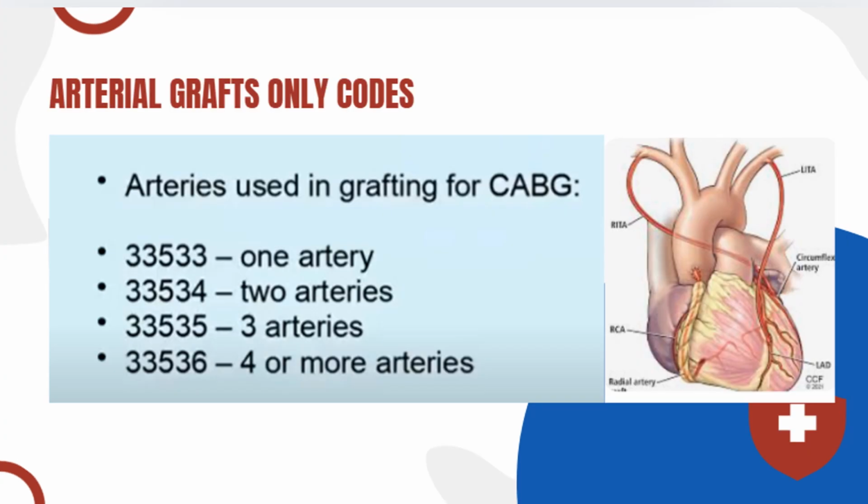Now these codes are for arterial-graft-only procedures, and the codes are 33533, 534, 535, 536, and they talk about one artery, two arteries, three arteries, four or more. So whenever an artery has been used as the material for grafting, we use these codes.